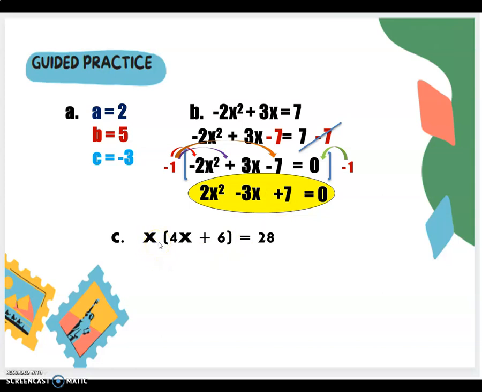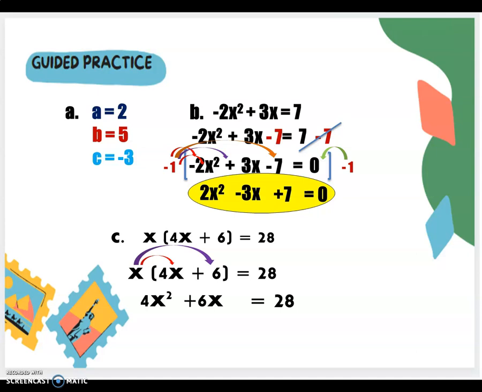Obviously, we're going to use the distributive property. So x times 4x equals 4x squared. X times 6 is 6x equals 28. So we're going to apply the subtraction property because the opposite sign of positive 28 is negative 28.